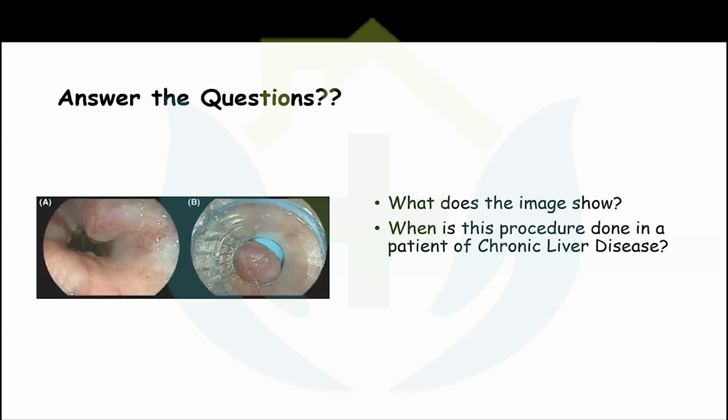Here, where is the place of retrograde splenic vein balloon obliteration? I'm not aware of that. I've never done that, and I'll have to read up a little bit about it. This is new for me.